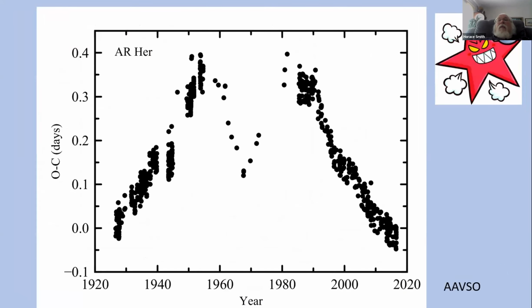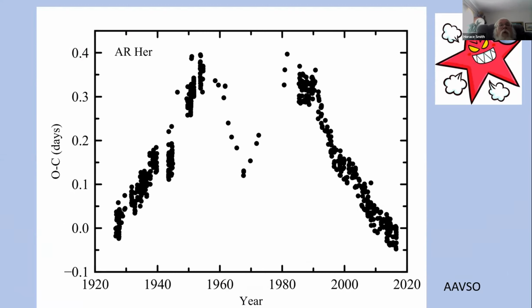But if we look at individual Aurora stars, we see that that need not be the case. This is AR Hercules, a well-known field Aurora star with the Blasco effect. This is its O-C diagram, calculated with a constant period through the 20th and into the 21st century.